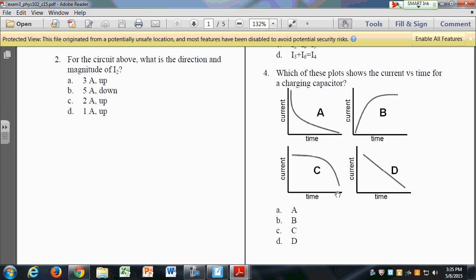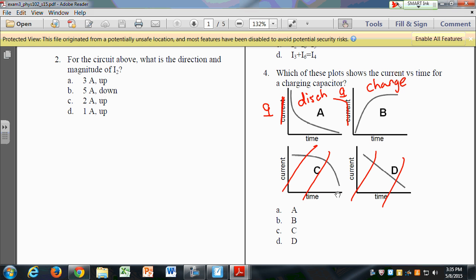But if it's something else, like if these are all Q, like if this was Q, this would be charging, right? Because the charge increases on the capacitor, and then this would be discharging. These two are never the answer. Okay?